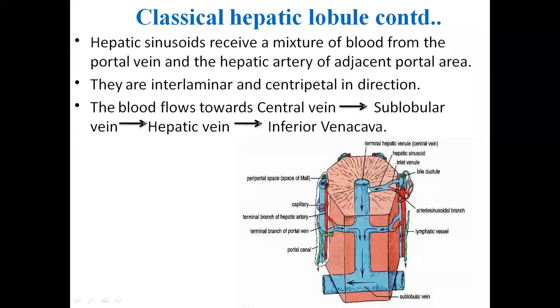After the hepatic sinusoids, the blood flows into the central vein, then into the sublobular vein, and then drains into the hepatic vein. Through the hepatic vein, it opens into the inferior vena cava, which finally opens into the right atrium of the heart.